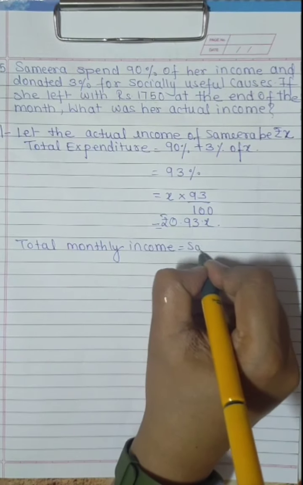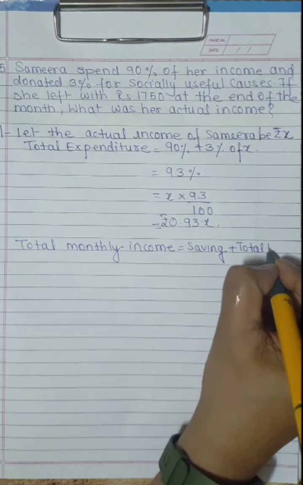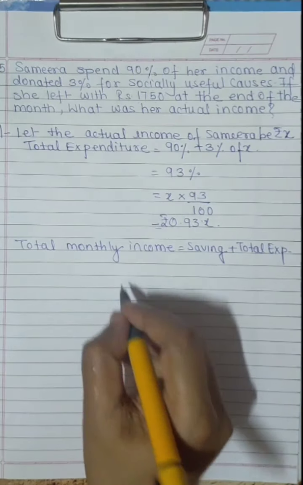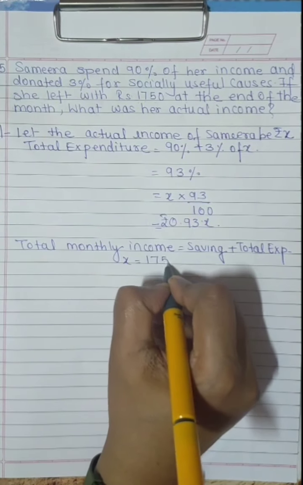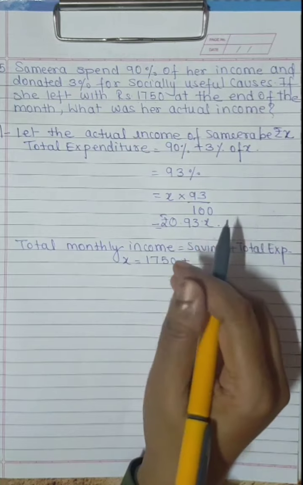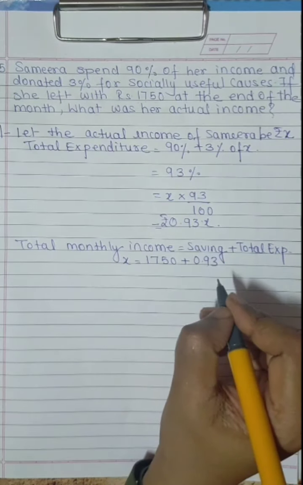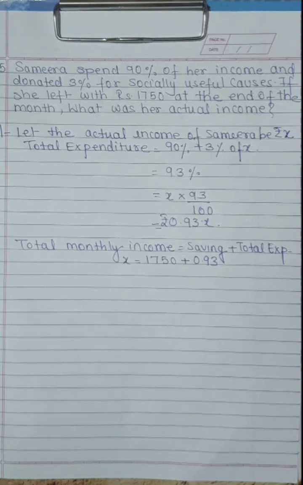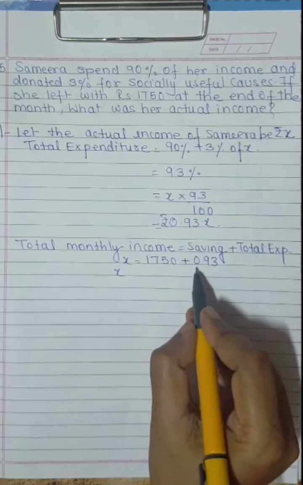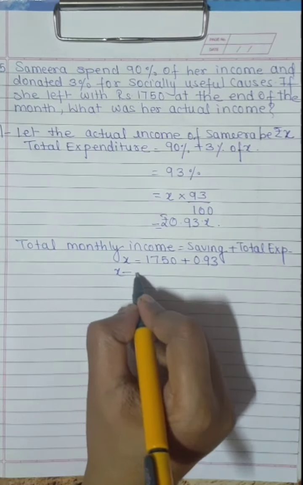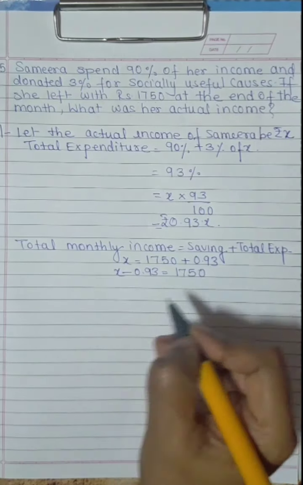Now here total monthly income equals saving plus total expenditure. So here X is equal to 1750 plus total expenditure, that is 0.93 X. Now this amount will come to this side, so it will become X minus 0.93 X equal to 1750.